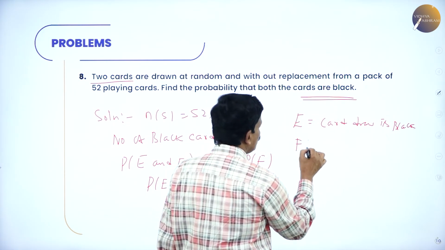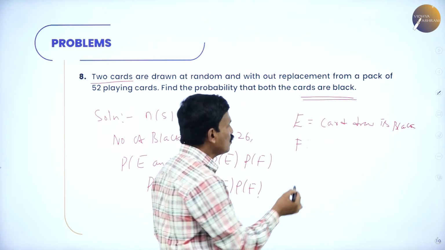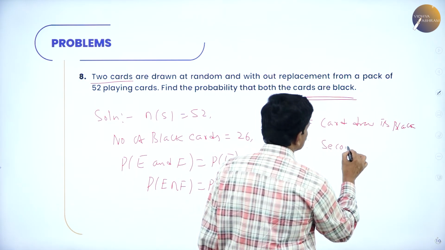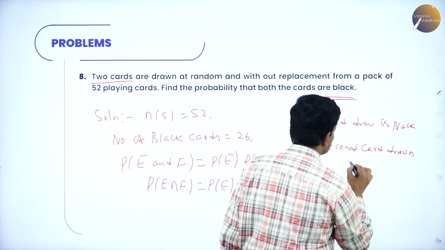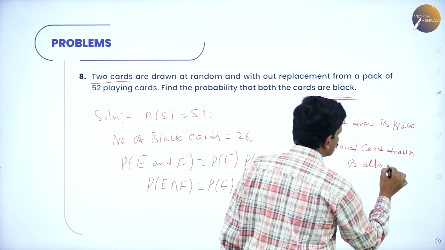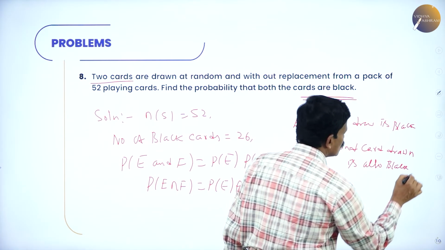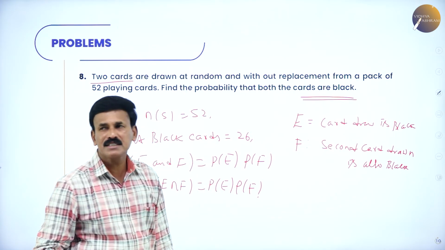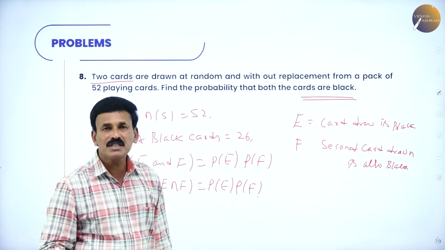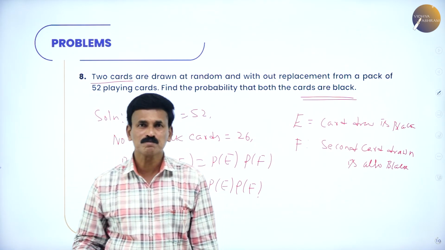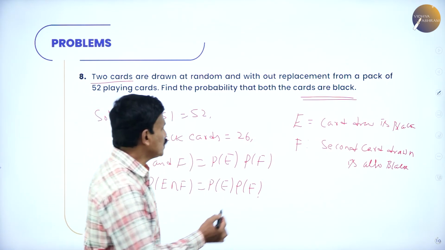And let us define F as another event, such that the second card drawn is also black.